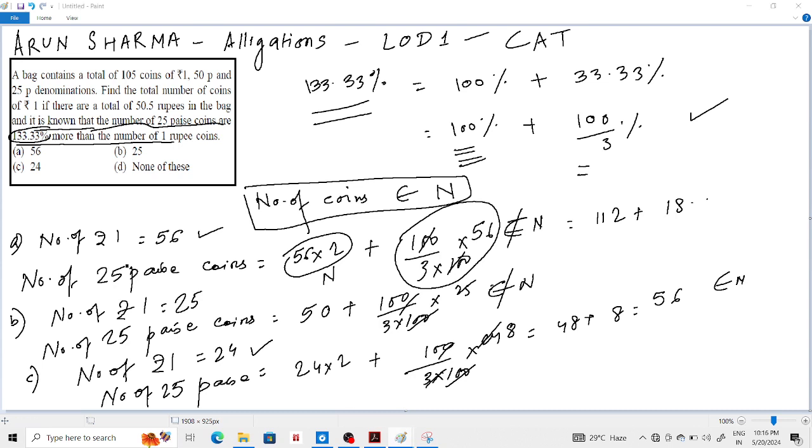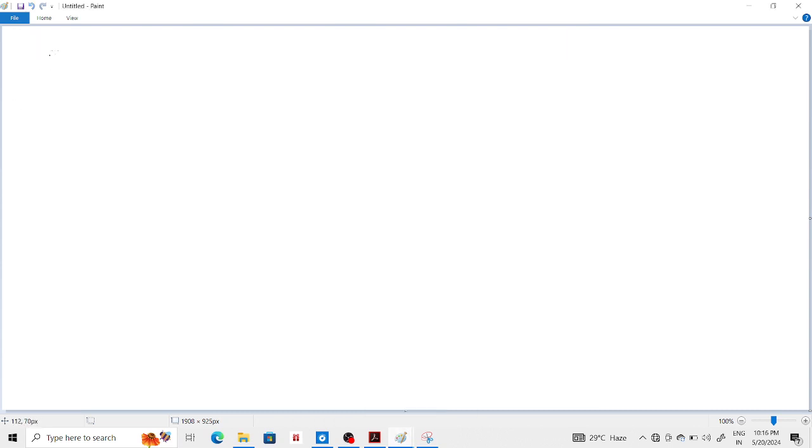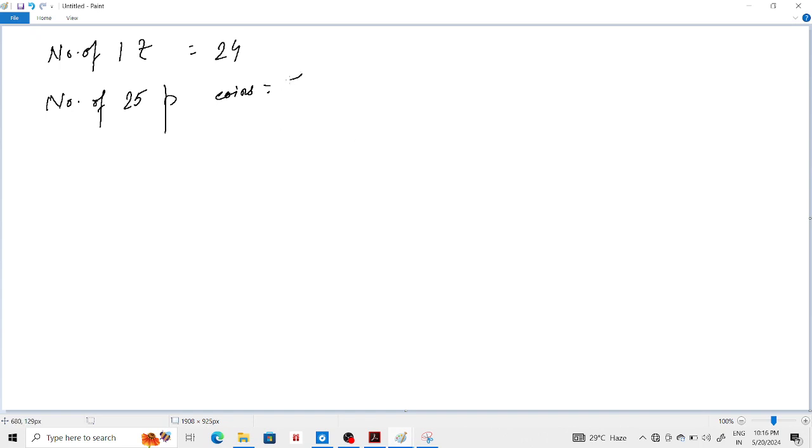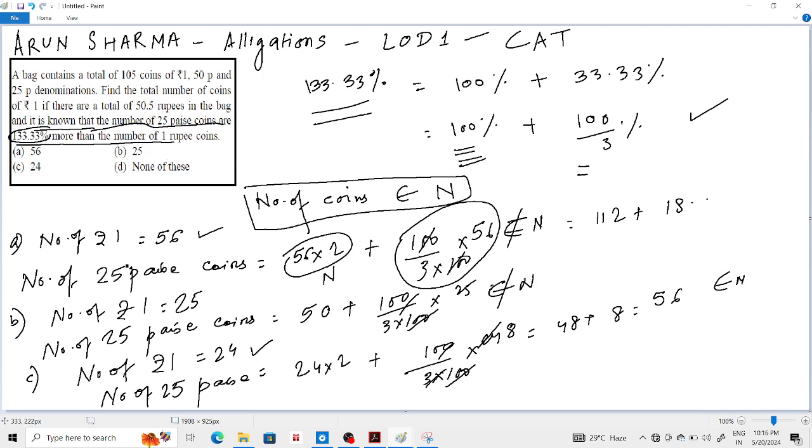So according to our third option, number of 1 rupee coin is 24, number of 25 paise coins is 56, and what about the rest then? What about 50 paise coins? Another information is given that number of coins is 105.